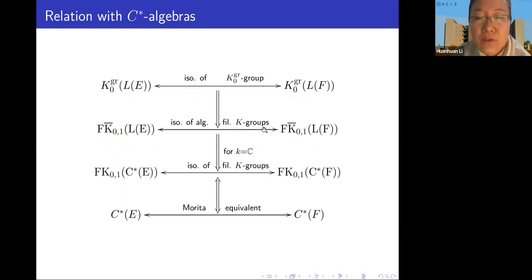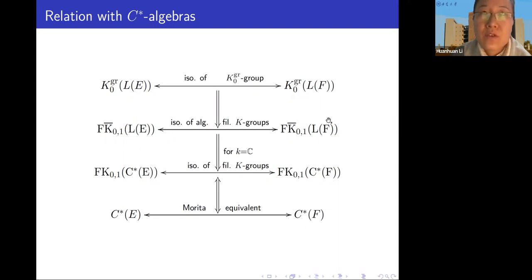Actually, we take the field K to be the field of complex numbers. Then we can have the filtered K-theory for C*-algebras, and they are the same also. This proof uses the same way that they proved the filtered K-theory for Leavitt path algebras is the same.